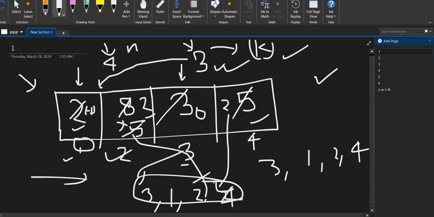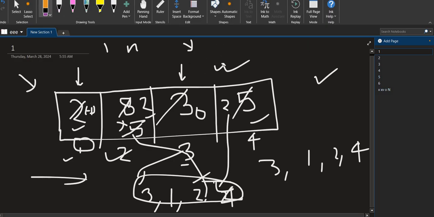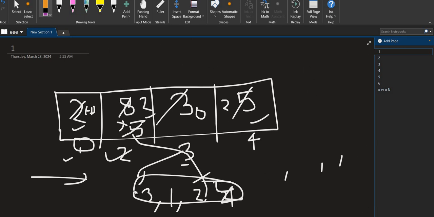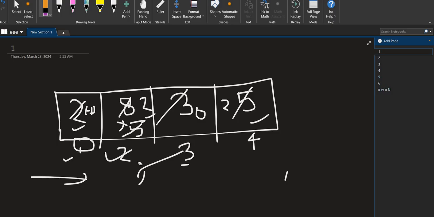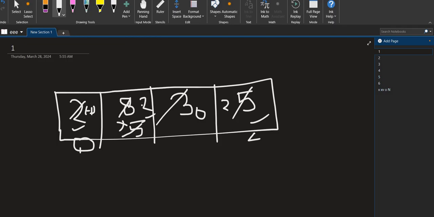The question is, how are you going to solve it efficiently? The main observation regarding solving this particular problem is: don't worry about the values which are bigger than k.